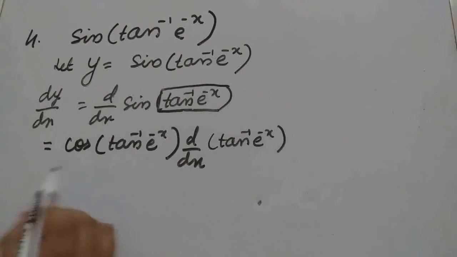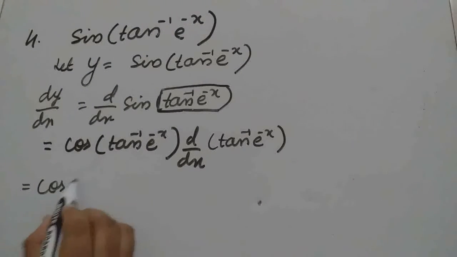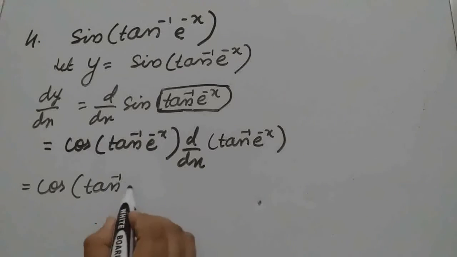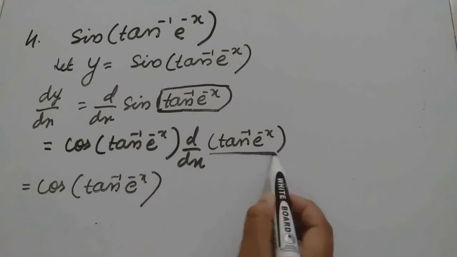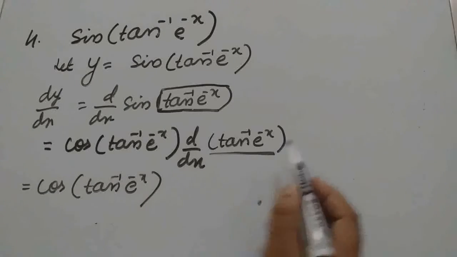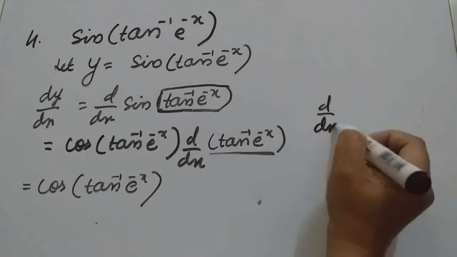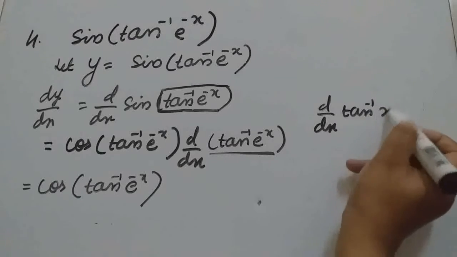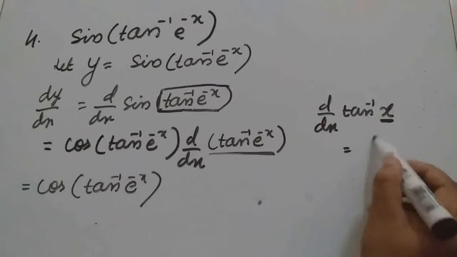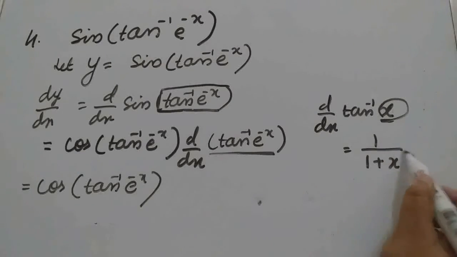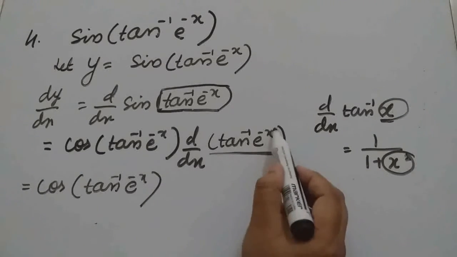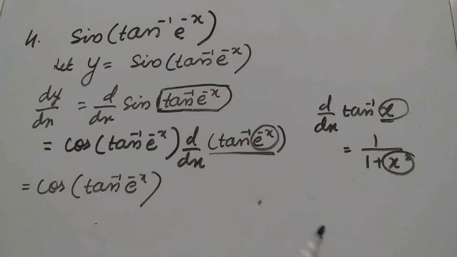Okay, now next step, this term will remain same. While taking the derivative of this, again you have to check whether it is composite or standard. So we have a formula for tan inverse x, isn't it? What is the formula? 1 plus x square. Angle square will come here. Now here we have the angle e power minus x.